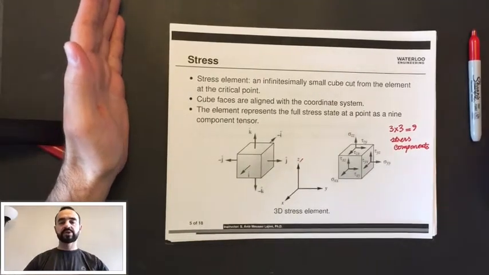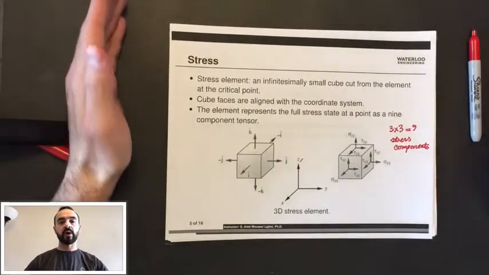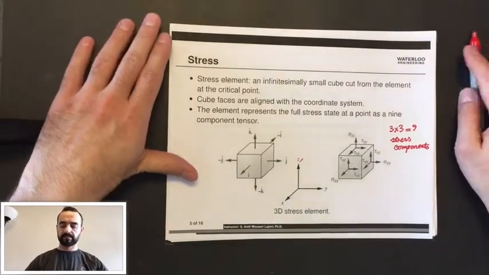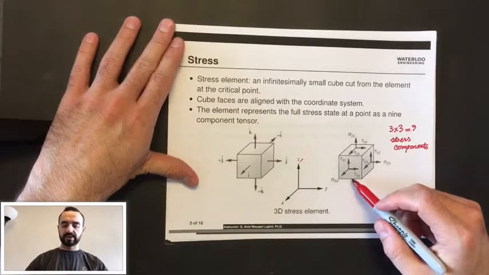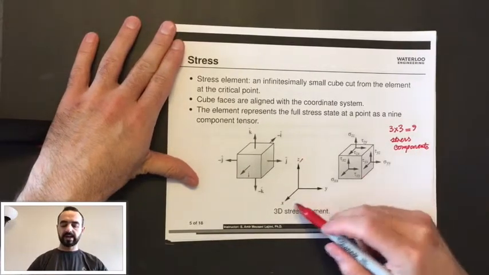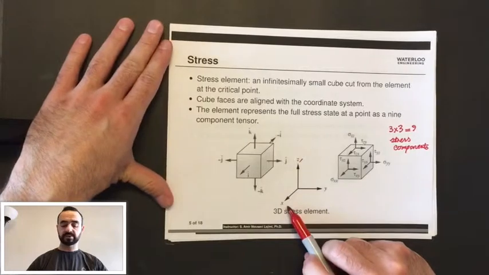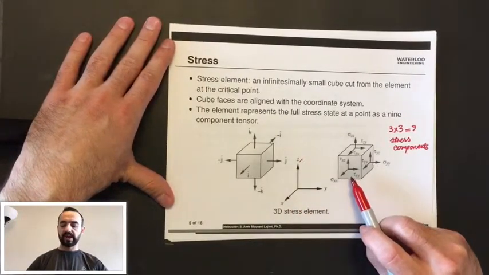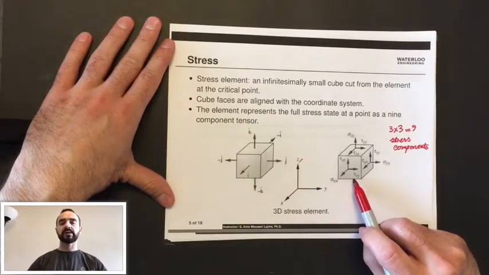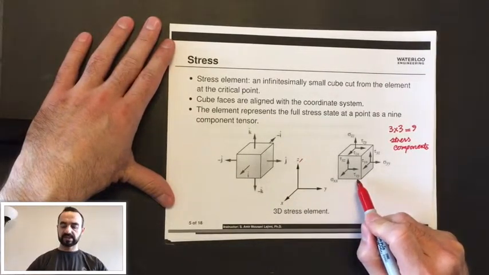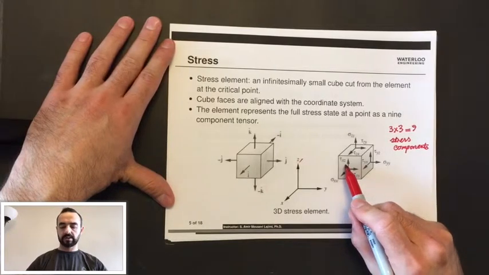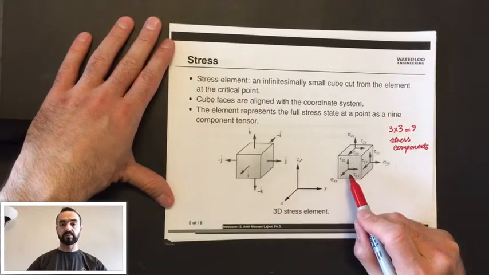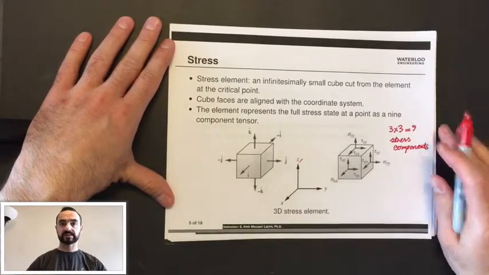In its most general case, we have 9 stress components. For example, for plane X, or the plane which is normal to that coordinate axis X, we have 2 in-plane stress components, tau xy and tau xz, and one normal to the plane stress component sigma xx.